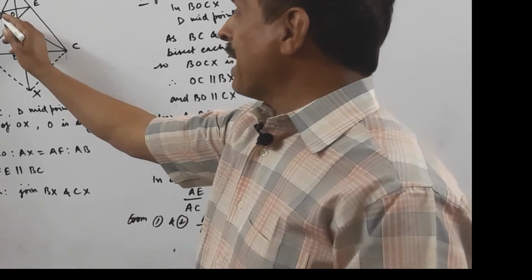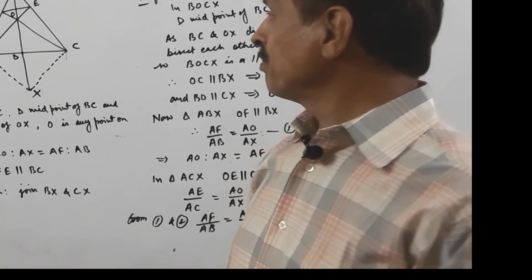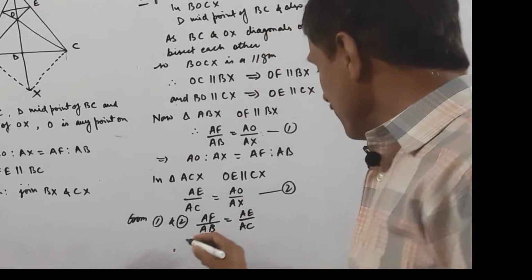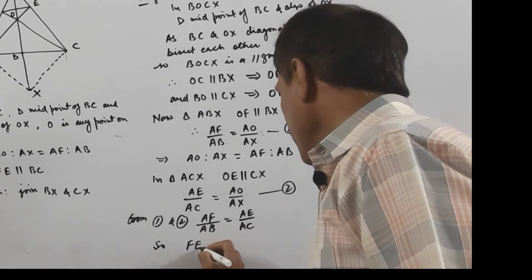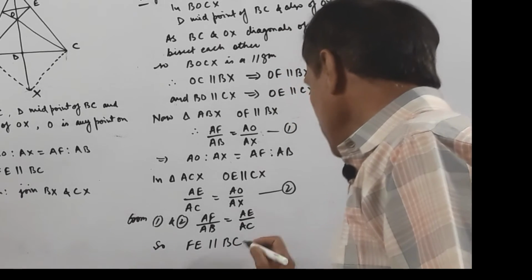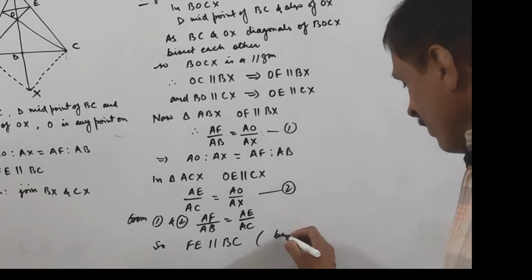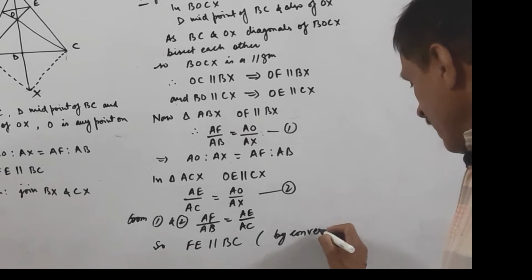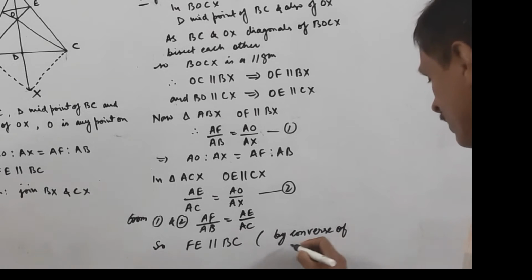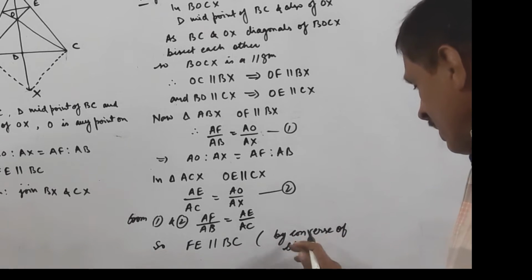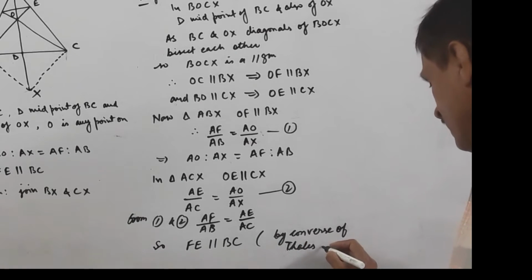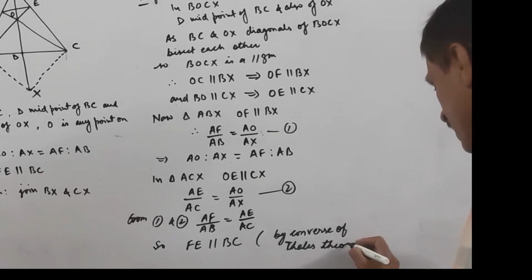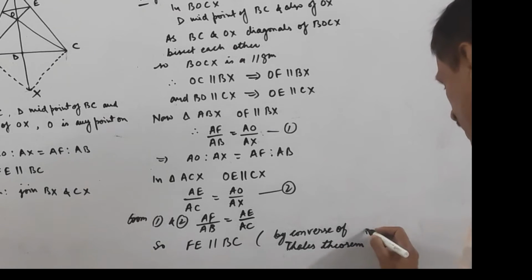Hence, by converse of BPT or basic proportional theorem, this FE is parallel to BC. So FE is parallel to BC by converse of Thales theorem.